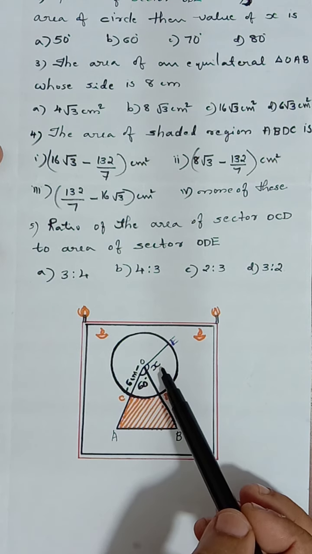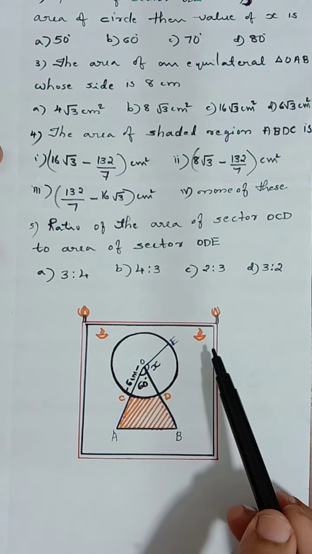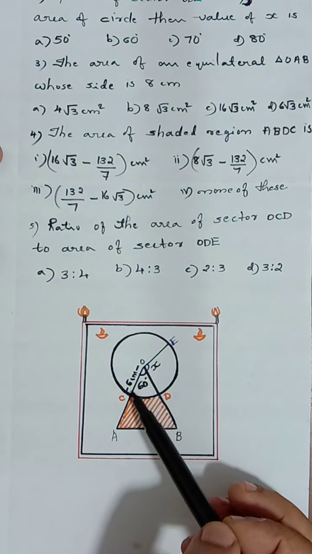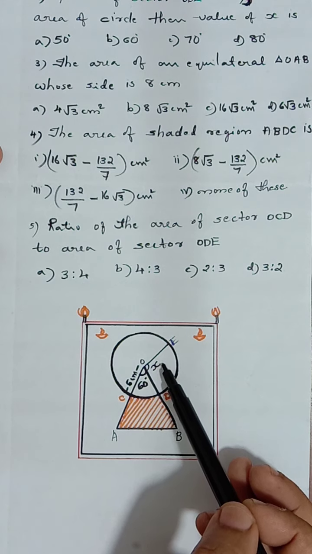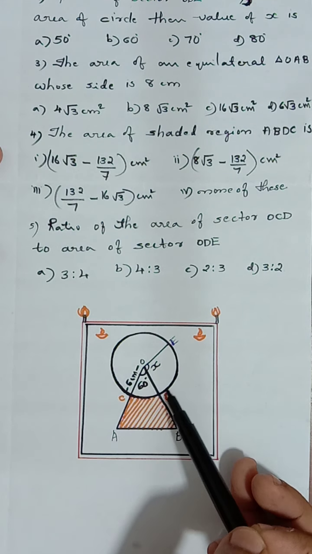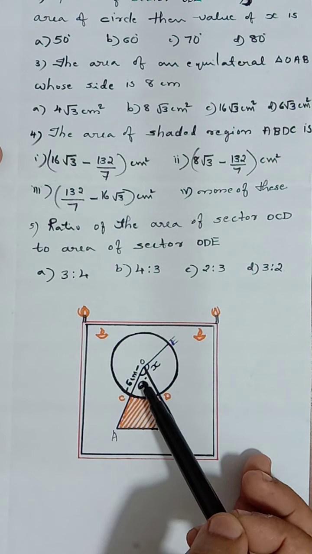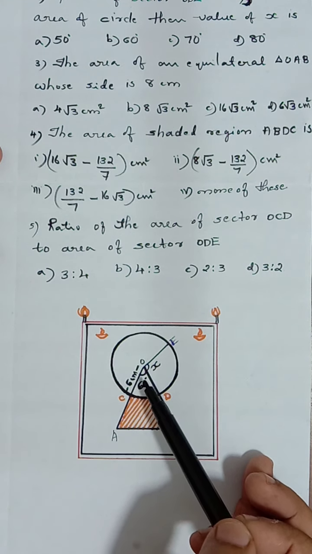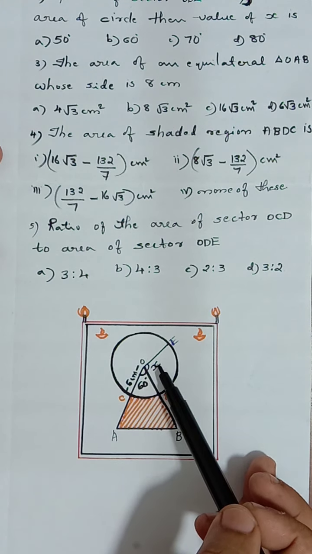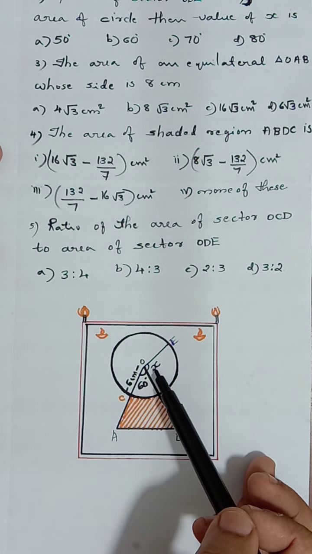Here it is again theta by 360 into pi r square. Radius is same. In the first case, sector is having radius 6 centimeter. In the second case also, this sector OD having radius 6 centimeter. Whereas angles are different. Here it is 60 degree. Here x we have found out it is 80 degree.